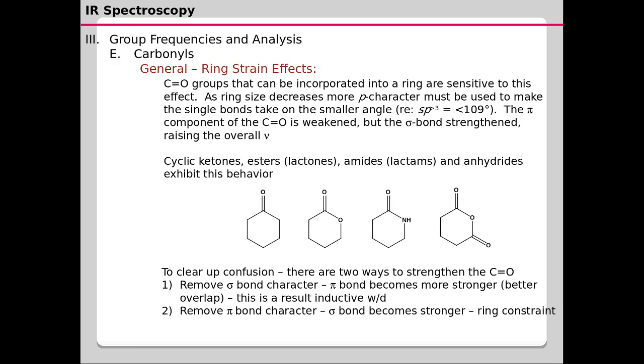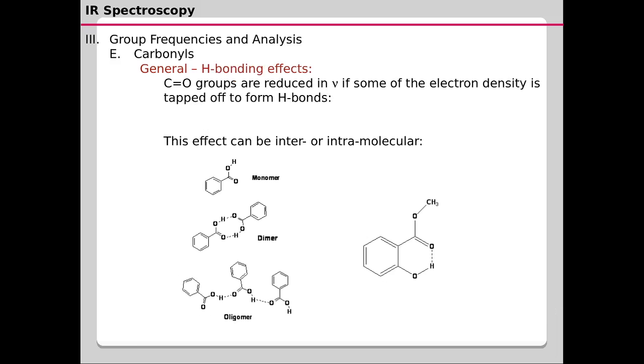So these are the two ways in which we increase the oscillation frequency of the carbonyl functional group. And other effects that can contribute to the stretching frequency of carbonyl is hydrogen bonding. So how does hydrogen bonding affect the carbonyl stretching frequency?